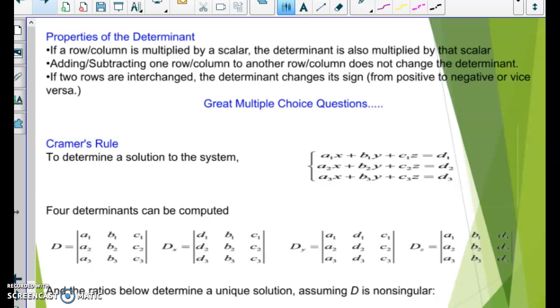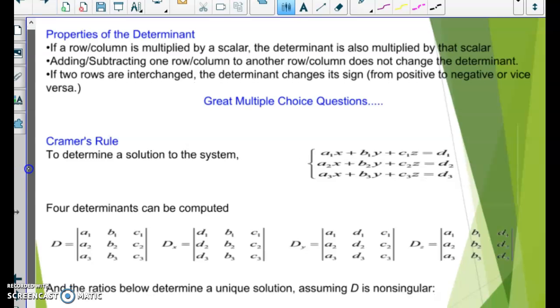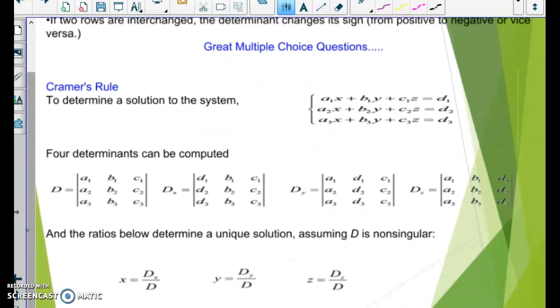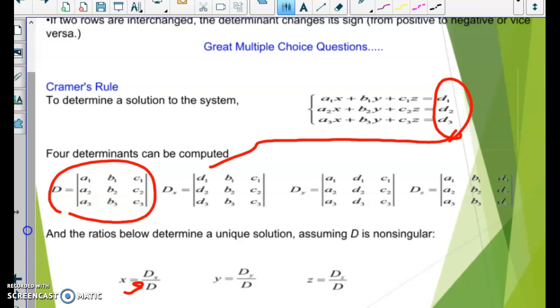And we can use Cramer's rule, which is kind of where we're headed here. We know that if we take the determinant of the original, we'll get these D's down here. And if we do the determinant where we replace these values into the first row, that's the determinant with x.